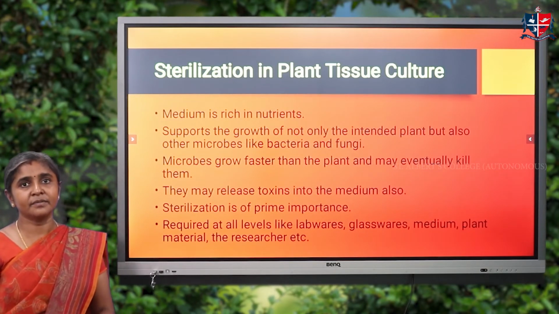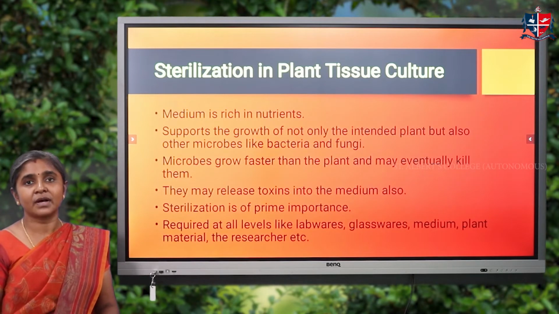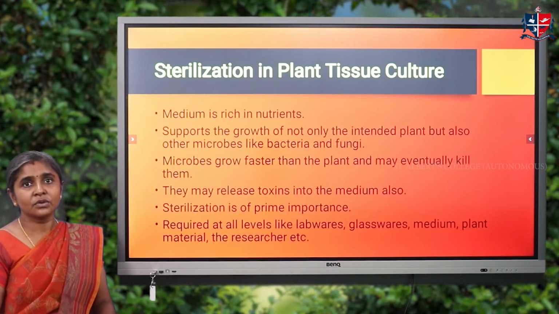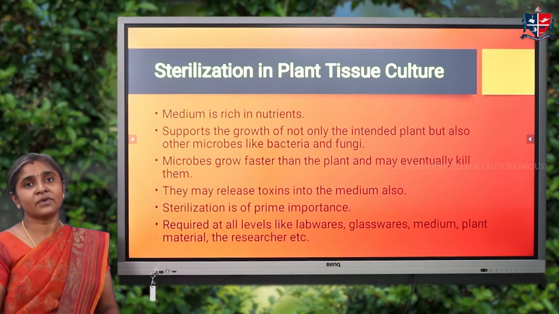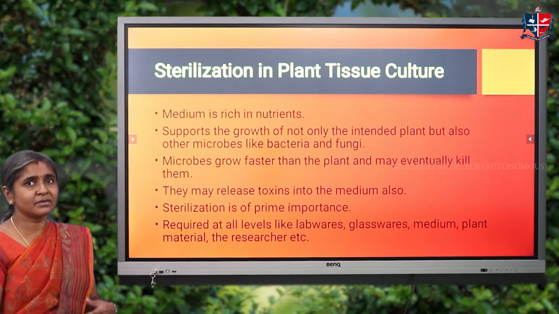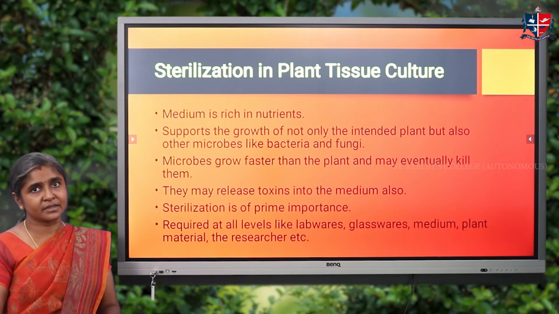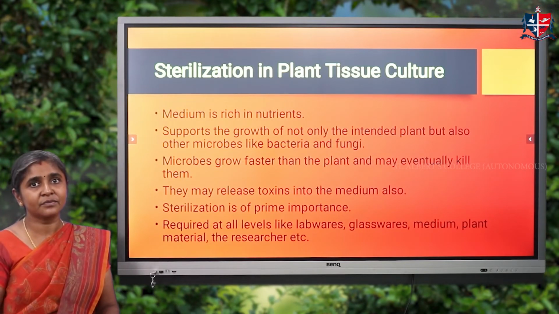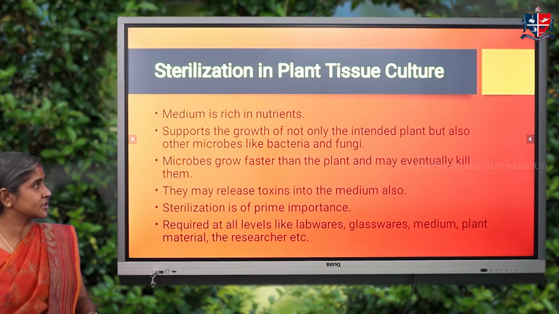And the sad part is, if there is an entry of a bacteria or a fungi in the nutrient medium, it will be using the medium faster than the plant tissue that we have used. So the growth of the fungus or bacteria will be faster than the plant, and ultimately the plant will be killed. So we won't get the plant culture, we will end up with a bacterial or a fungal culture.